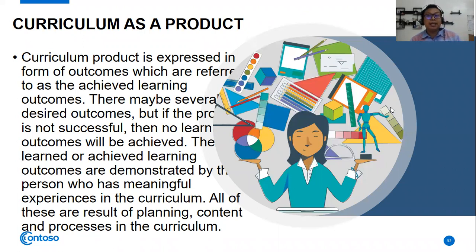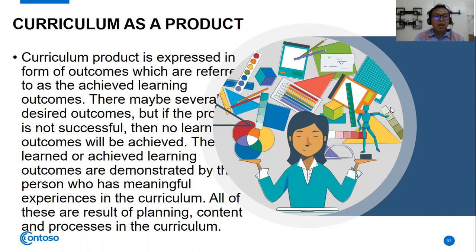So that is the connection now between the contents you delivered, how you delivered it, and what kind of students you produce after the session. The learned or achieved learning outcomes are demonstrated by the person who has meaningful experiences in the curriculum. All of these are results of planning, content, and processes in the curriculum.